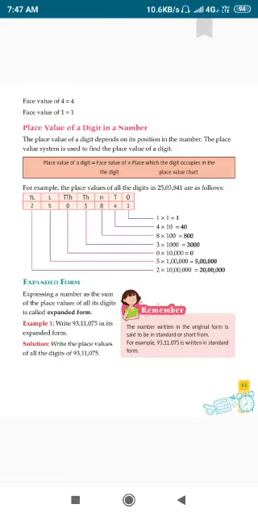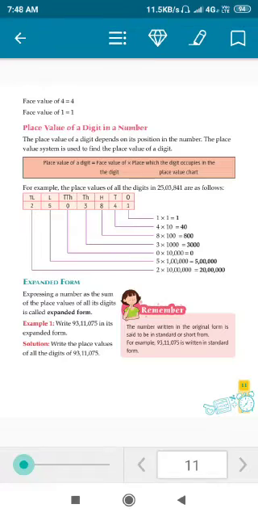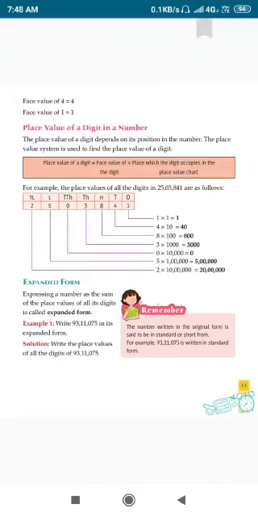Place value of 2 is 20 because 2 is at the tens place. Place value of 7 is 700 because 7 is at the hundreds place, and so on. The important formula: place value of a digit equals the face value of the digit multiplied by the value of the place which the digit occupies in the place value chart.